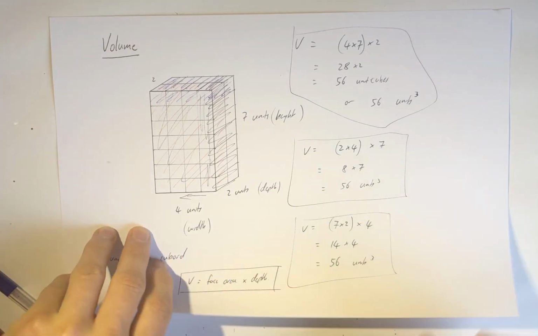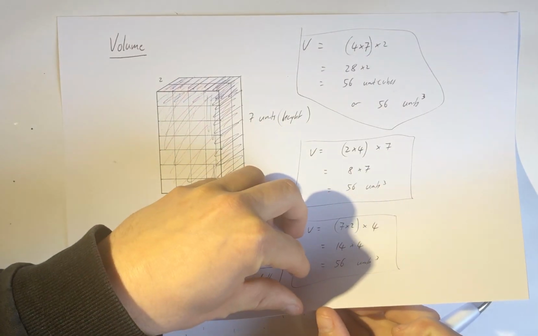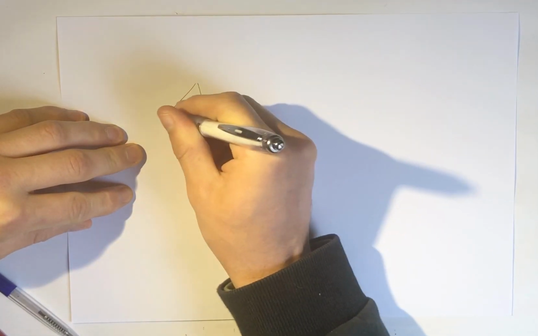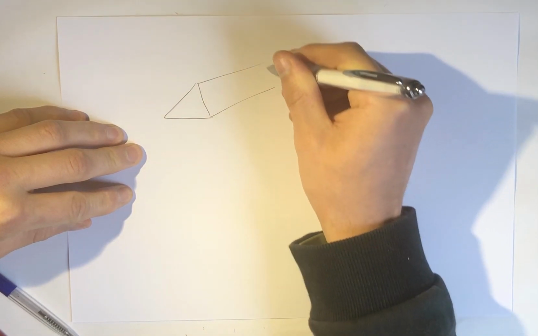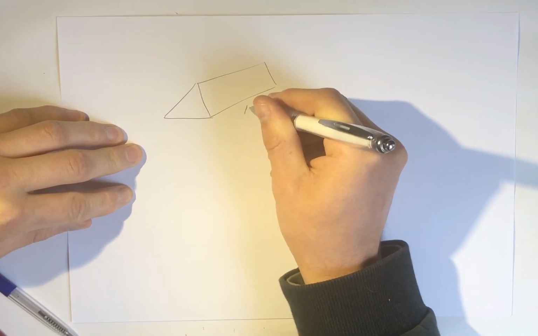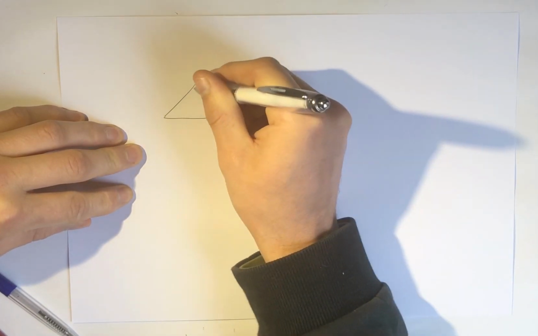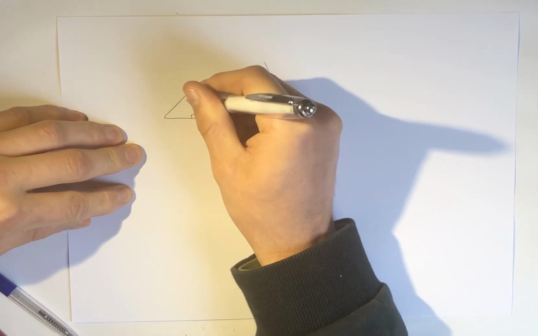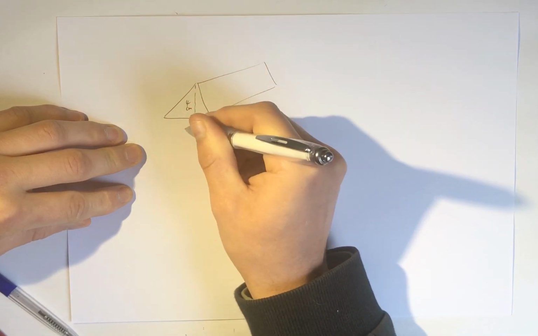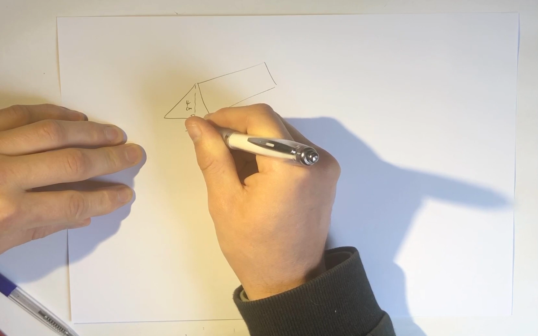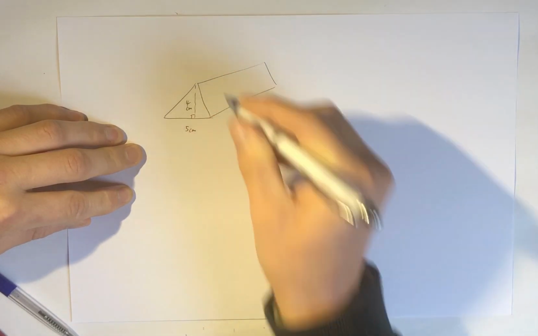And so let's have a look at what this might look like on a different shape. Let's say we have a triangle. We're going to take a triangular prism. I'm going to say it's 15 centimeters long, and I'm going to say that it's 4 centimeters high and 5 centimeters wide.